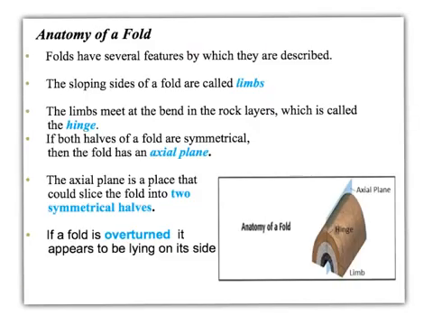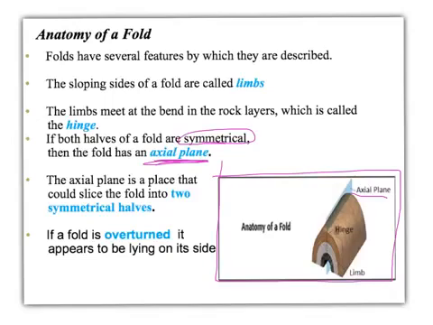Now when we look at a fold, there are different parts, and you can see in the picture over here what those different parts are. There's an axial plane, and that cuts right down the middle of the fold and breaks it into two symmetrical halves. That means if you look at that plane, one side of the plane is a mirror image of the other side of the plane.